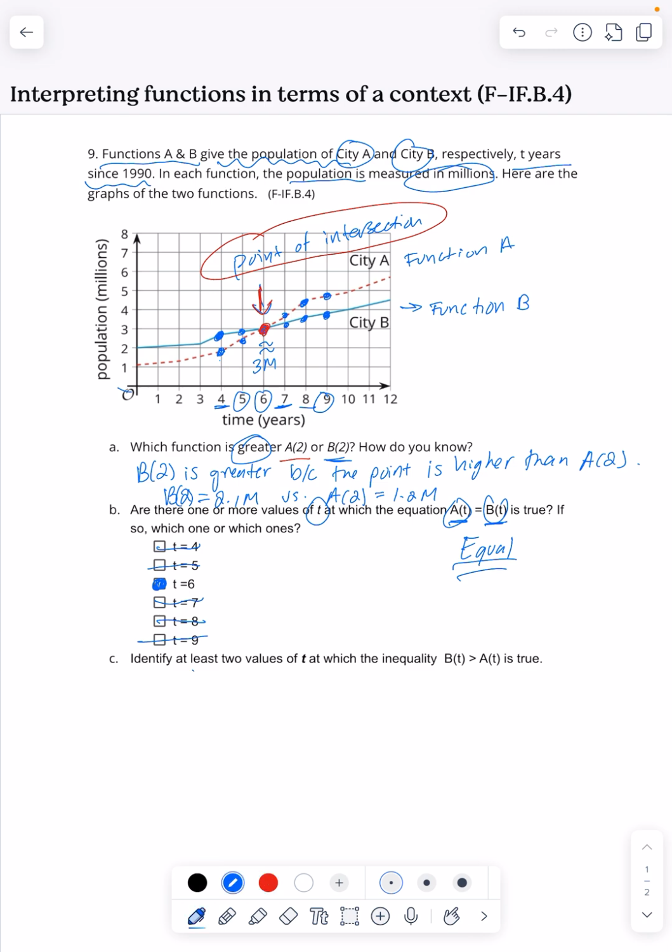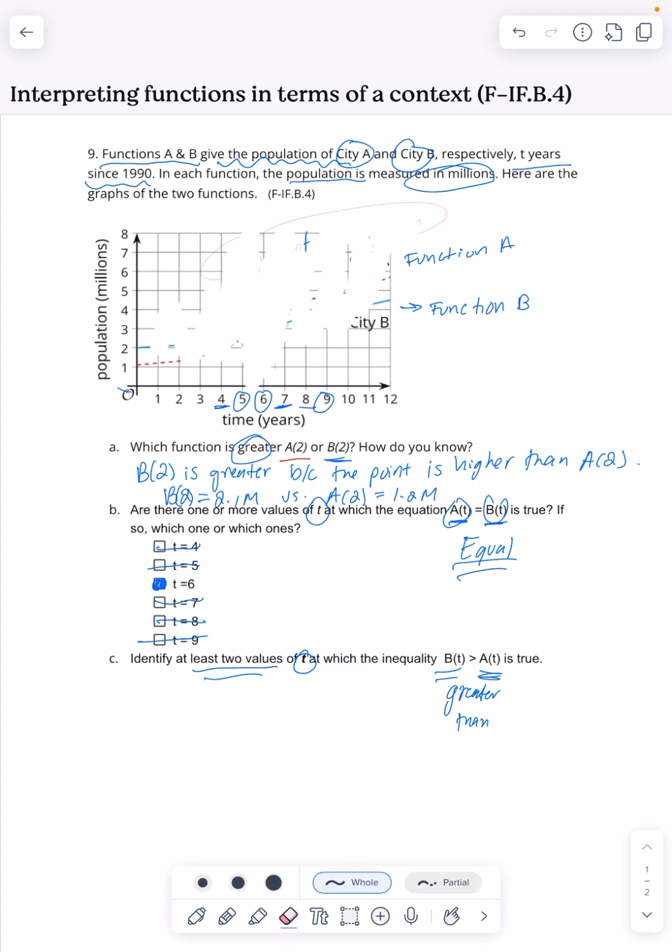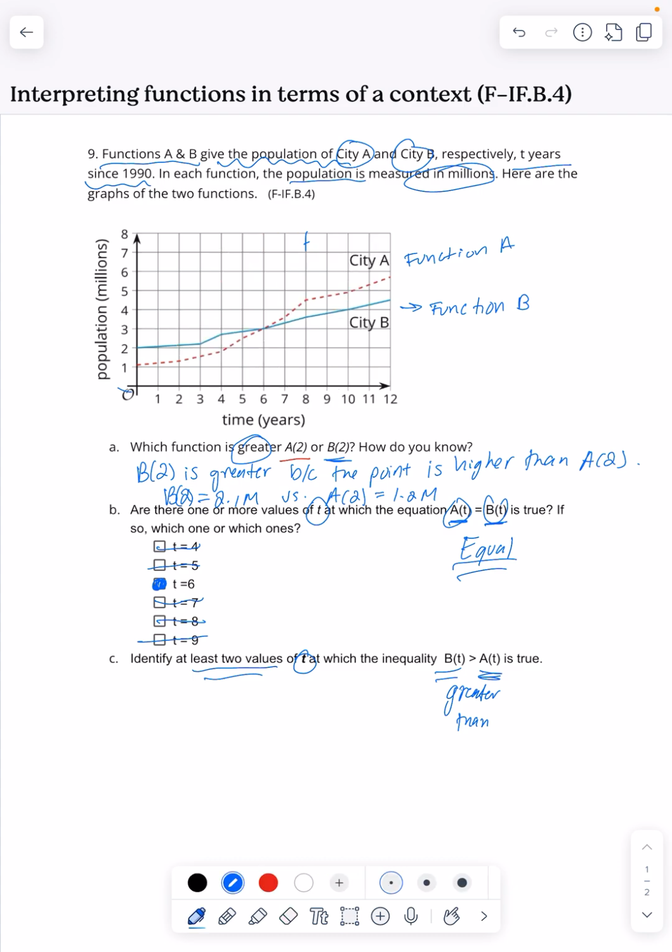Lastly, it's saying to identify at least two values of t where B sub t is greater than A sub t. So to help us with this, I'm going to erase this again, just to have a clear blank slate. Now it's saying what values of t is B sub t greater than A sub t.